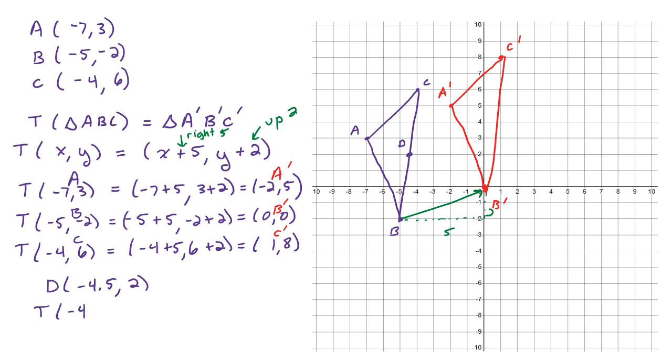So if I transform it, -4.5 plus 5 is positive 0.5. And then 2 plus 2 is 4. So my new point is going to be at (0.5, 4). My picture's not awesome, but about right there, D prime.